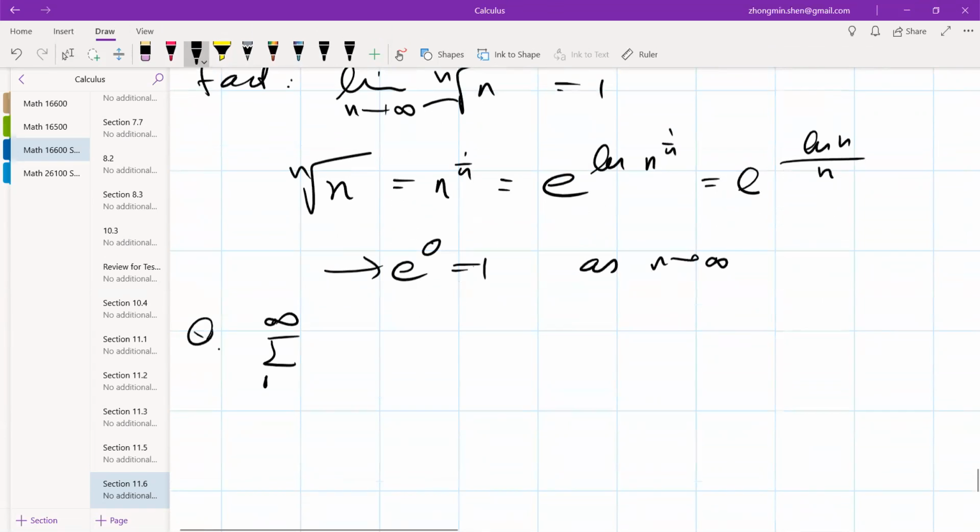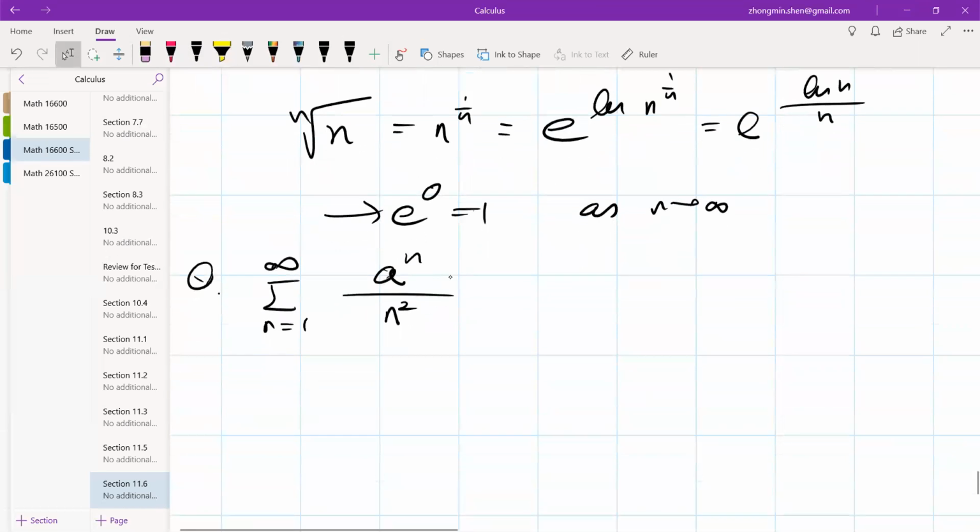So let's look at the series with terms a^n over n squared. Check whether it's convergent or divergent.